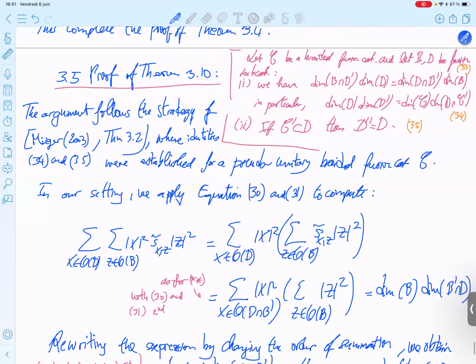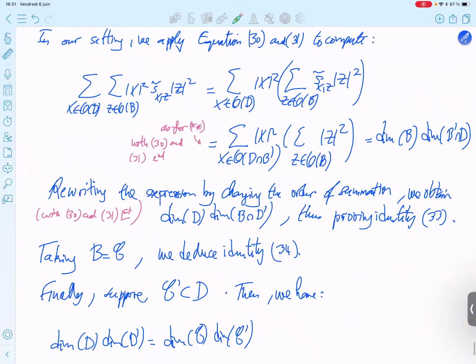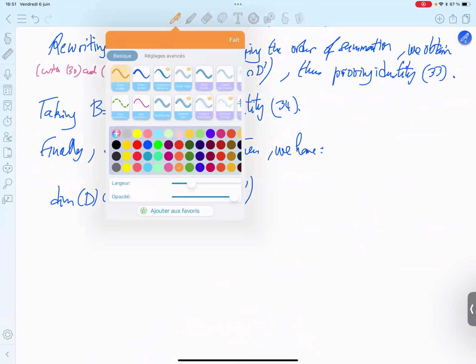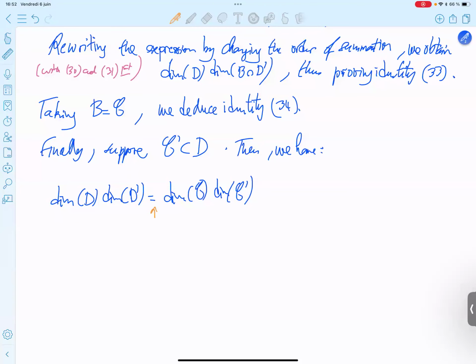Because we know we have this 34, we know that C prime is included in D, so this is only C prime. So by 34 with D containing C prime.